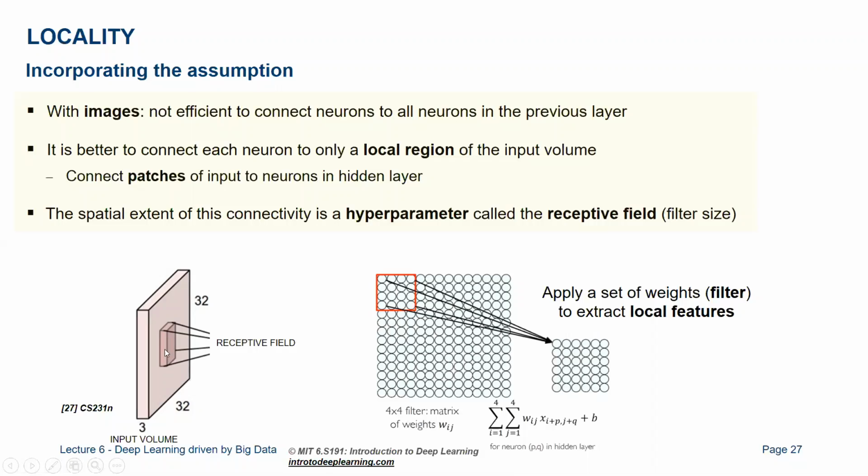You can imagine now that how big this spatial region should be is also a hyperparameter. It's a parameter that you have to define in advance. So it's a filter size. The size of this receptive field could be chosen according to the resolution that you have. If you have, for instance, very detailed images, this could drive you to have a smaller one.